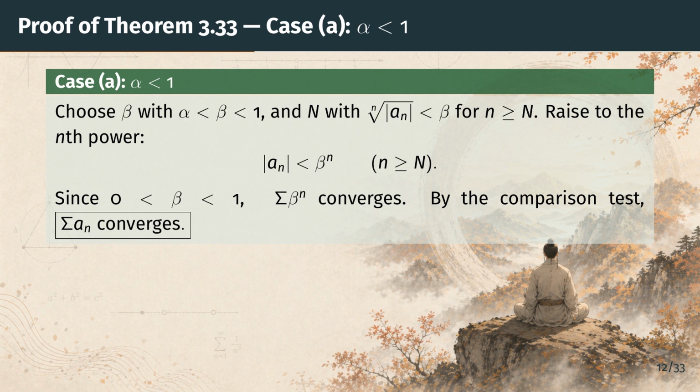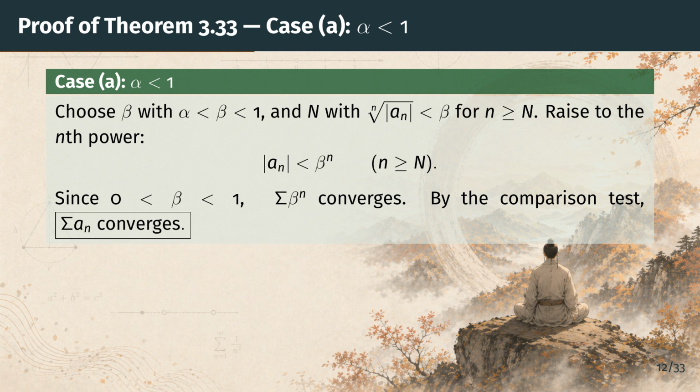So the geometric series of beta to the n converges. The comparison test now finishes the job. Our series is dominated, term by term, from index N onward by a convergent geometric series, so it converges absolutely. The first case is complete.